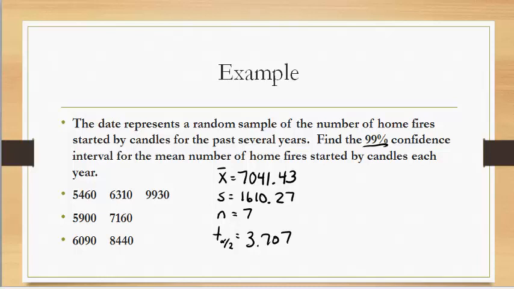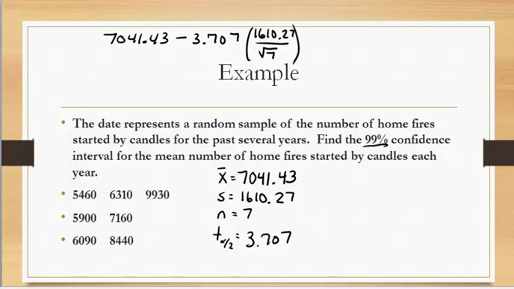Now, once you have all 4 of those pieces of information noted, you're ready to plug into the formula. I am just going to write the formula out across the top up here. Remember that your x bar goes first, and then we're going to subtract our t-score times our standard deviation, divided by the square root of our sample size.